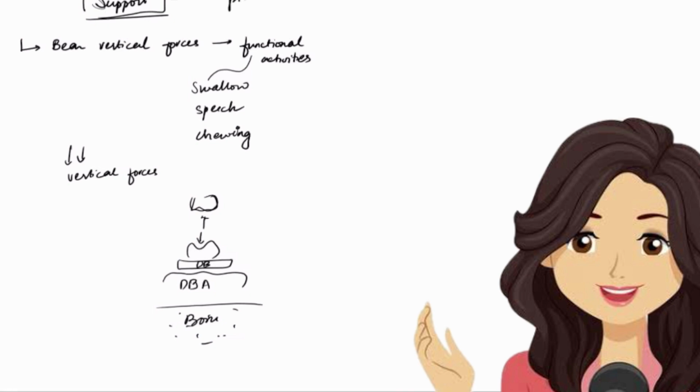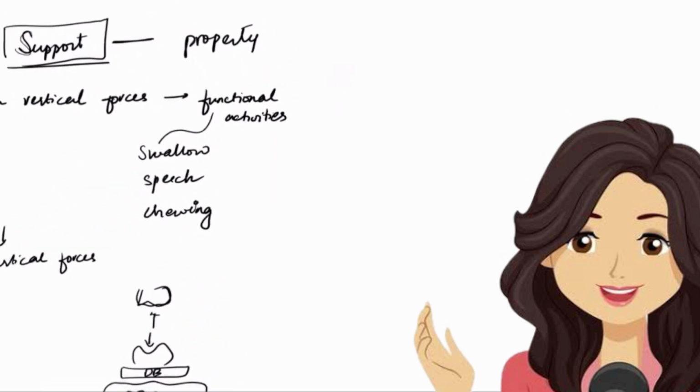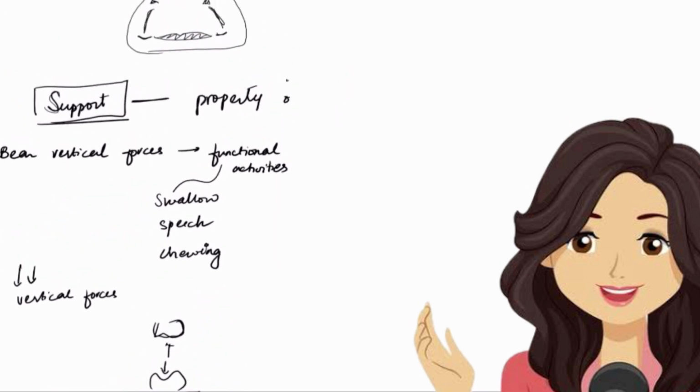Support is a property of a prosthesis. What I'm trying to explain right now is a very important concept around these simple terminologies that we use in prostho. Support is a property that is present in your prosthesis.